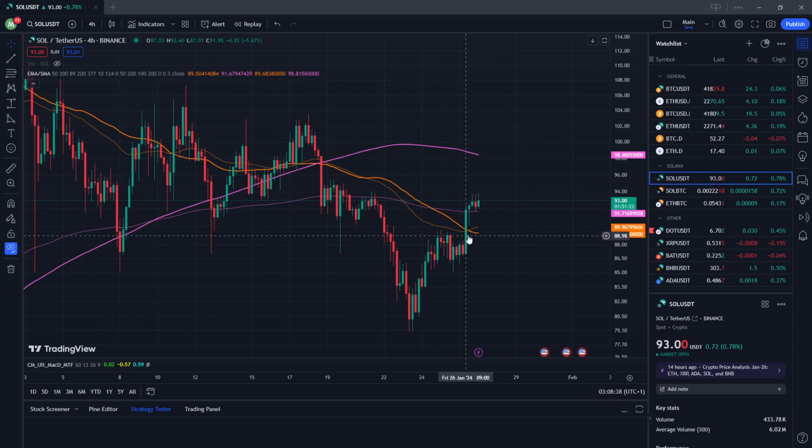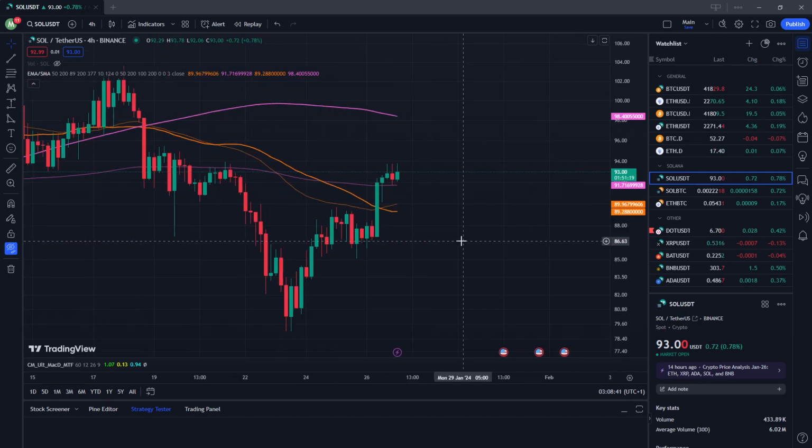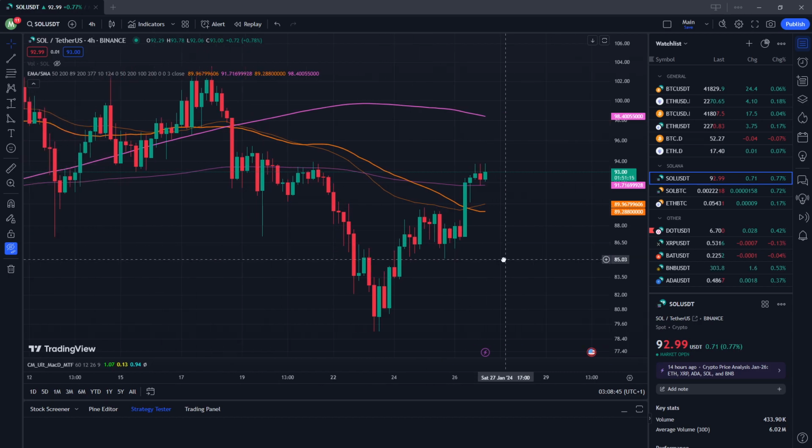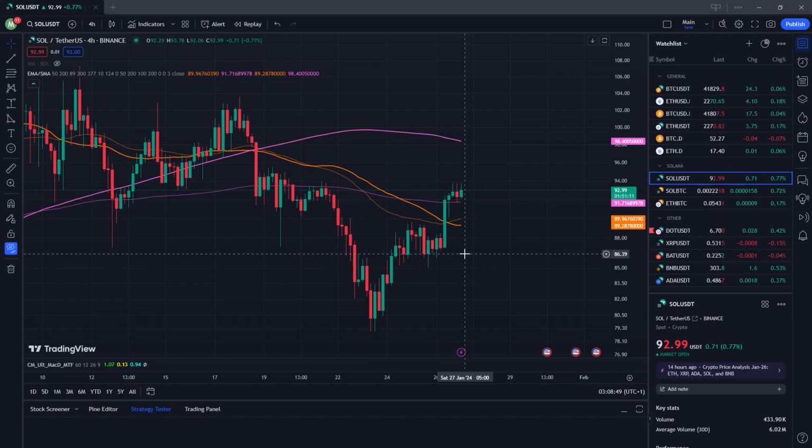And if it changes like this, this is usually a nice indication of either a trend reversal or just a positive indication.